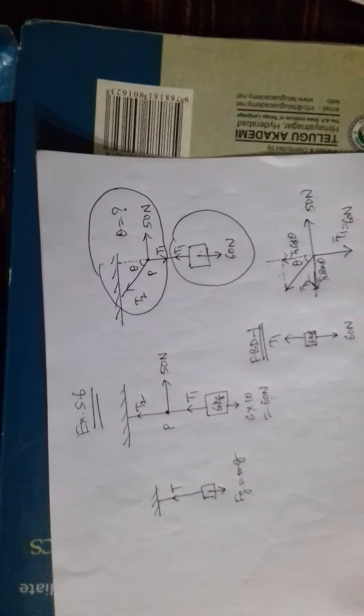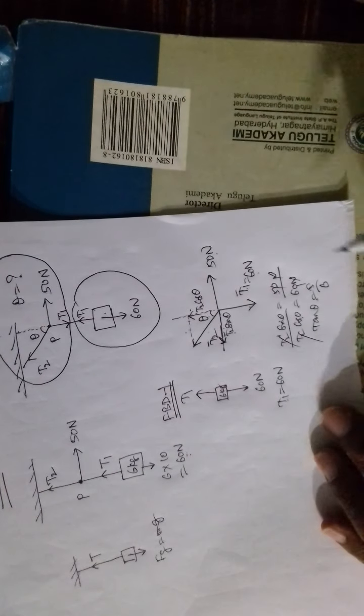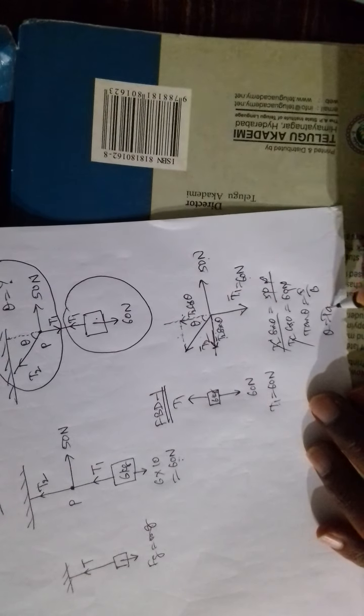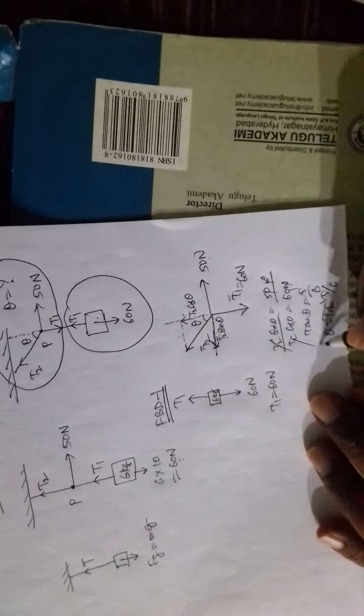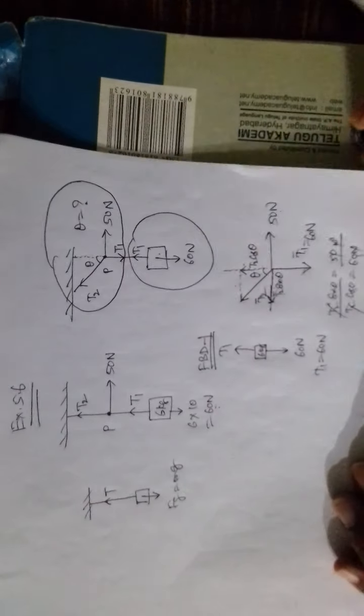T2 gets cancelled. Sin theta by cos theta is equal to tan theta, 5 by 6. Or theta is equal to tan inverse 5 by 6. So in this way we determine the angle theta.